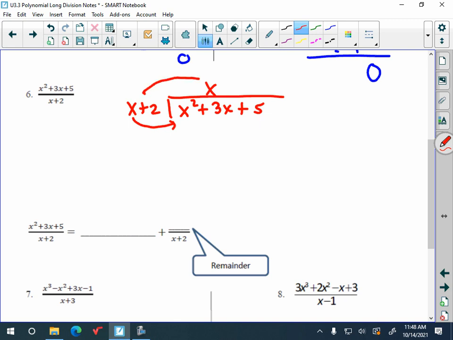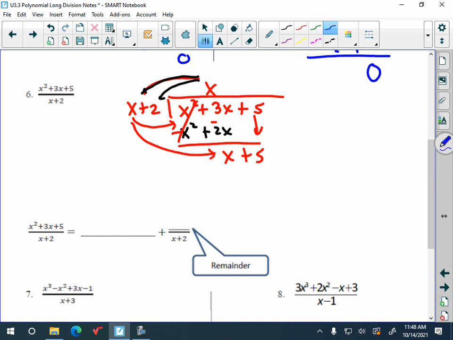Distribute. All right, so we get a remainder of 3 on this one.